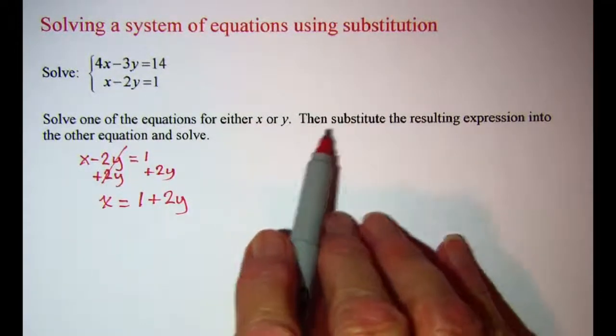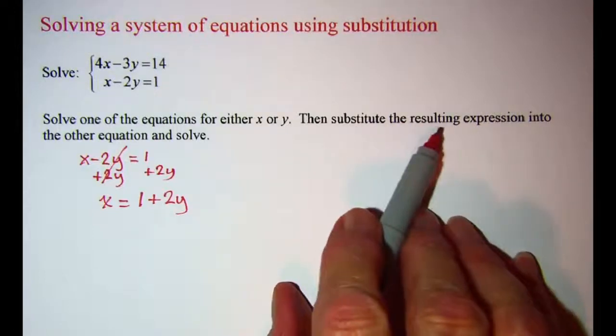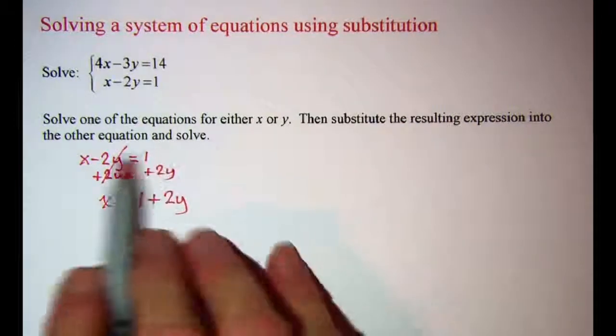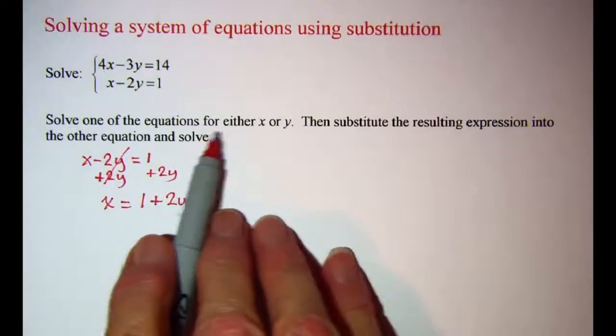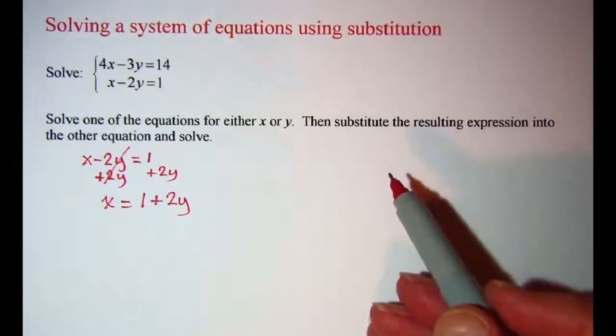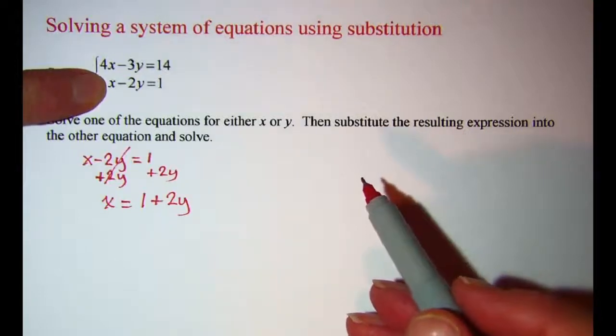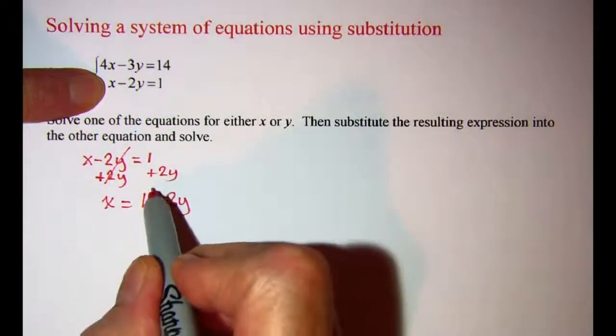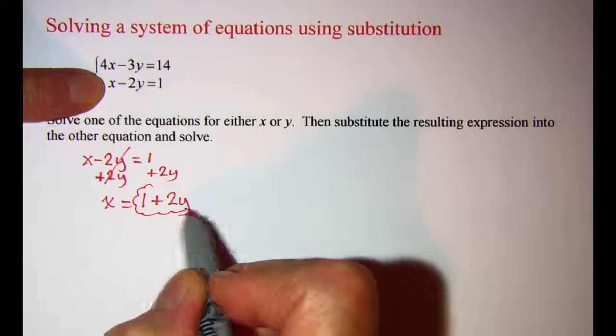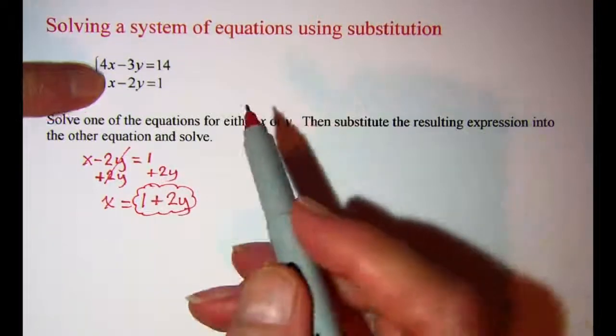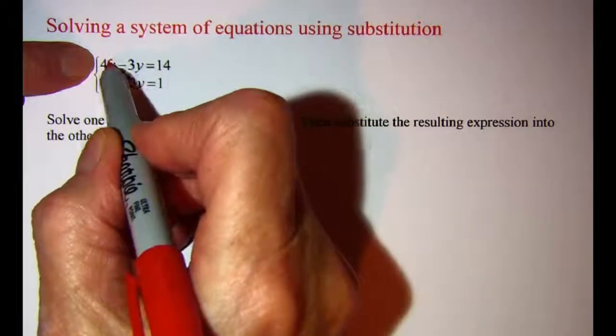Then our next step is to substitute this expression into the other equation and solve. So since we solved the second equation for x, we're going to substitute this expression in for x into the other equation.